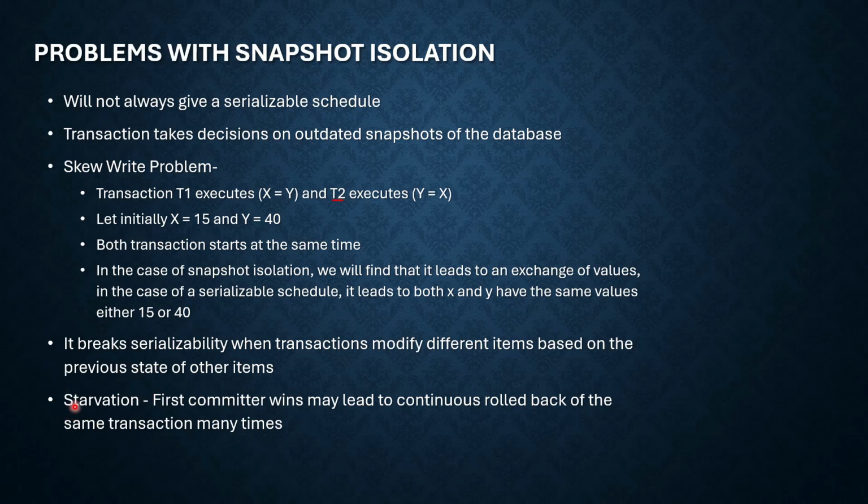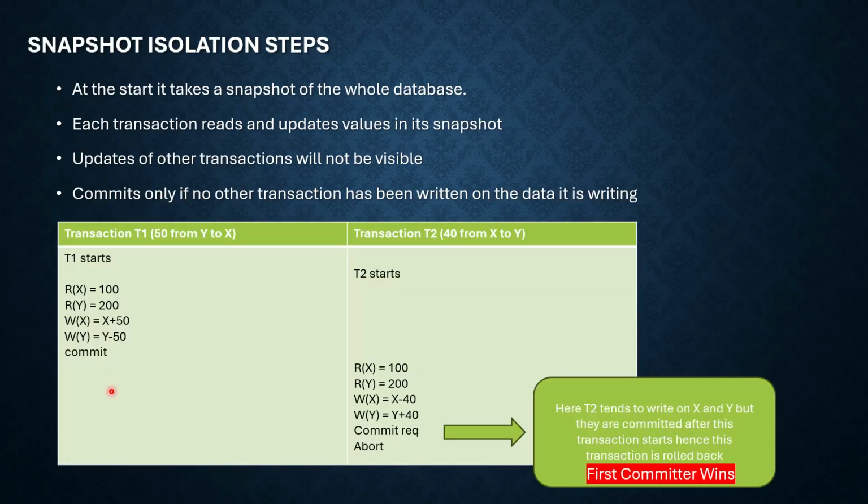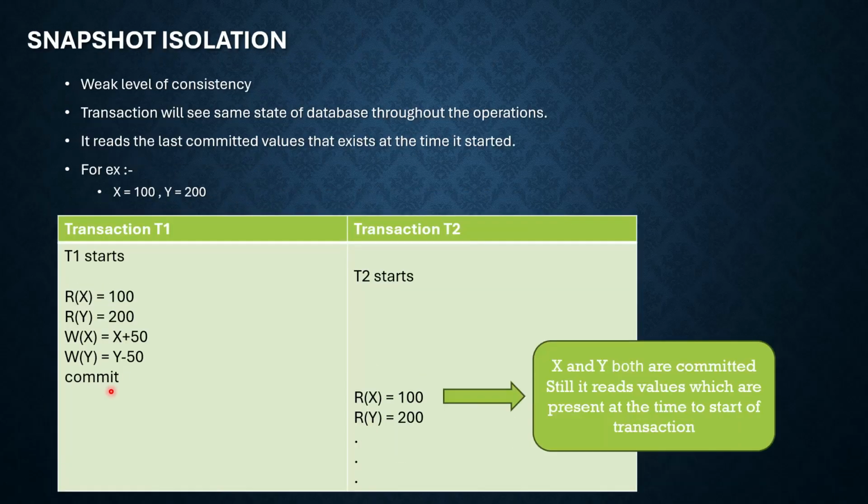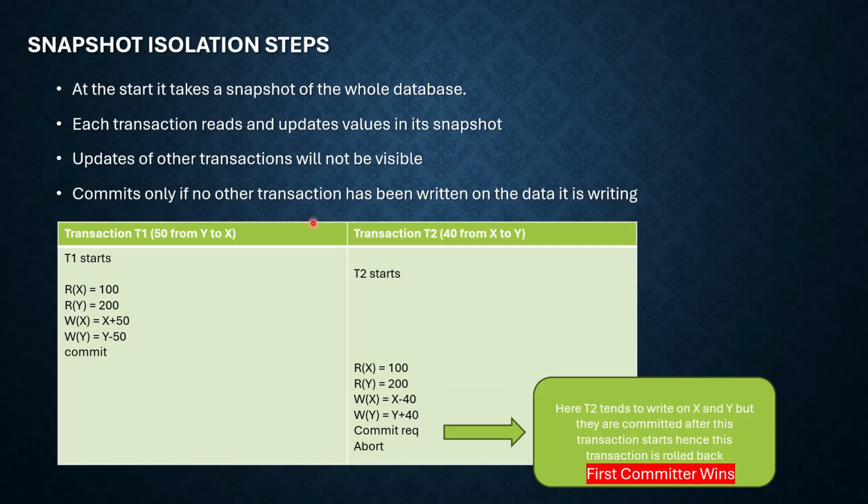Starvation. So there is a problem with starvation. I have already talked about starvation. In the case of first committer wins, let's say whenever this transaction tries to commit on variables x and y, some other transaction comes and commits, changing the values of x and y. Let's say this is a long transaction.